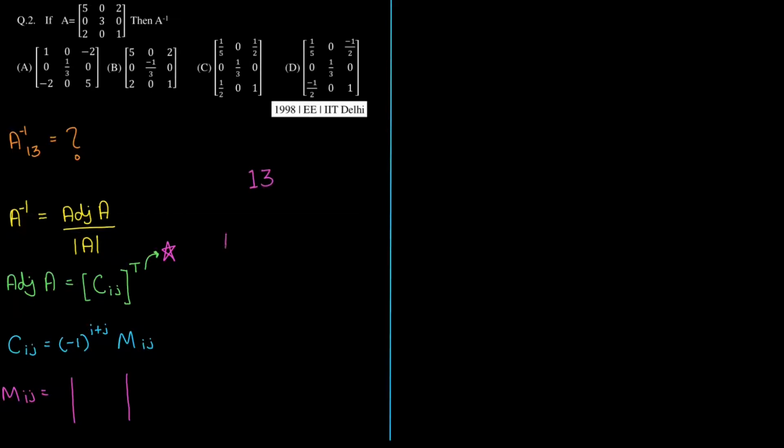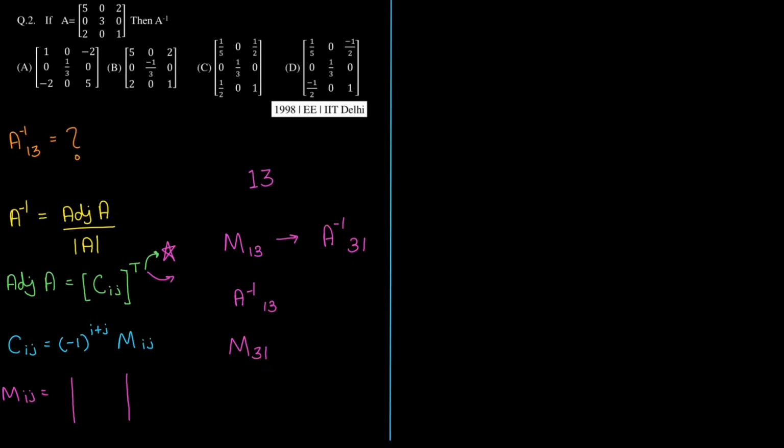If we find the minor with first row and third column, we will end up finding the inverse element having third row and first column. This is because of this transpose. Hence, if we need the element in the first row and third column, we have to find the minor which is in the third row and first column.